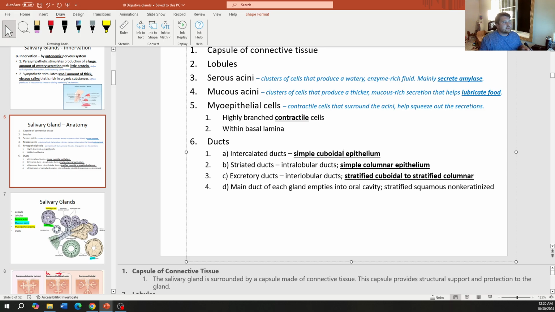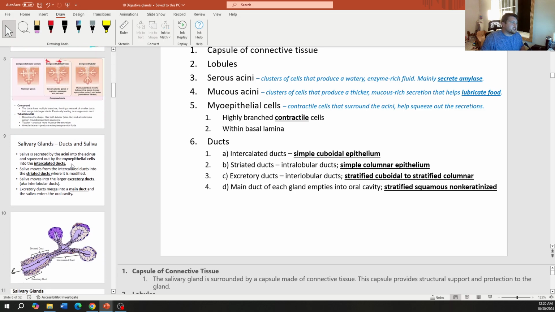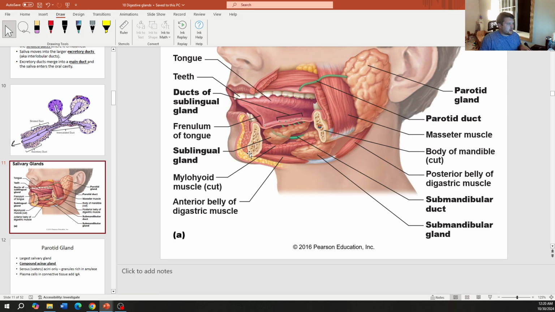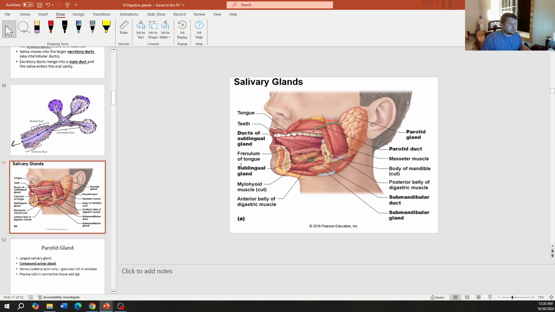So we have simple cuboidal, we have simple columnar, stratified cuboidal, and then stratified squamous. So make sure that you pop those into a Quizlet or something so you understand what type of epithelial tissue is connected to each portion of those ducts. All right? Now, those are kind of the functions and saliva secretions.